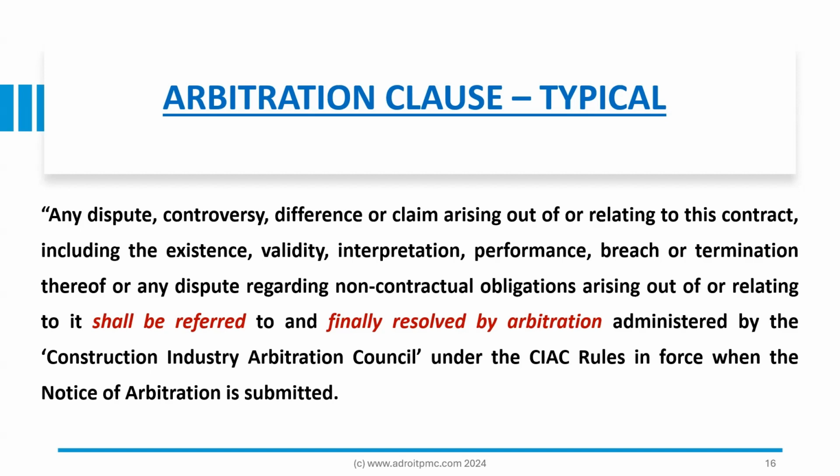So this is one of the construction arbitration institutions which exists in India. So the parties here have mentioned that they would refer to resolve their disputes through arbitration, referring to the CAC rules.